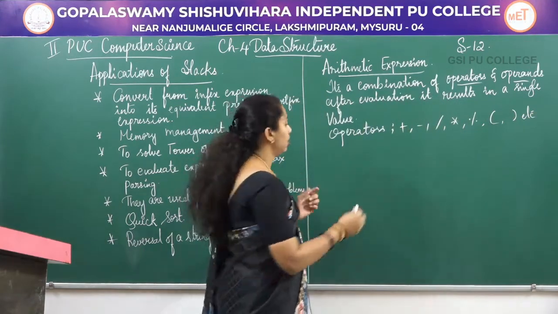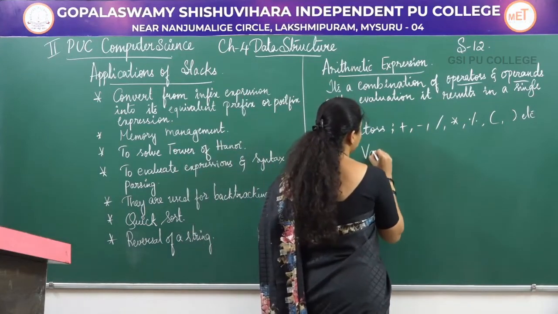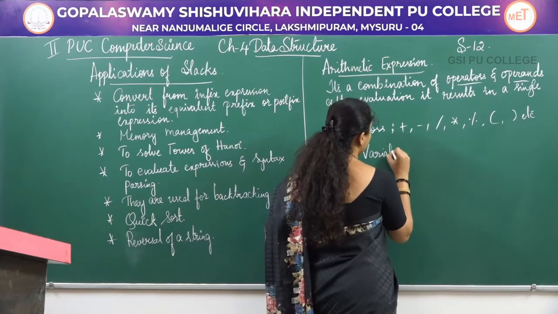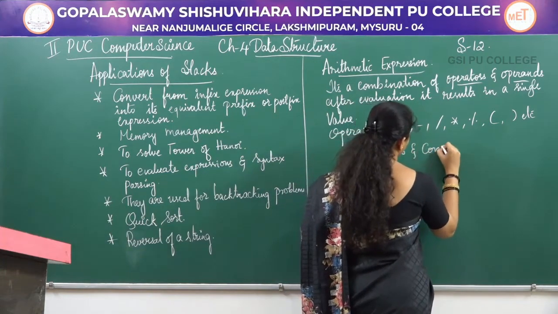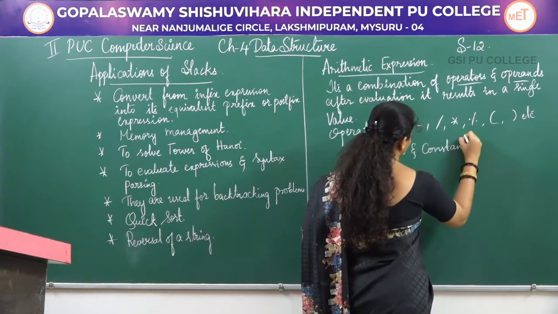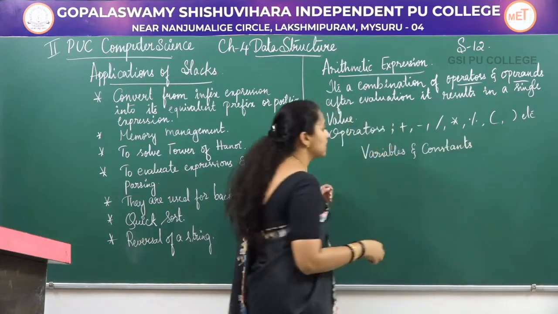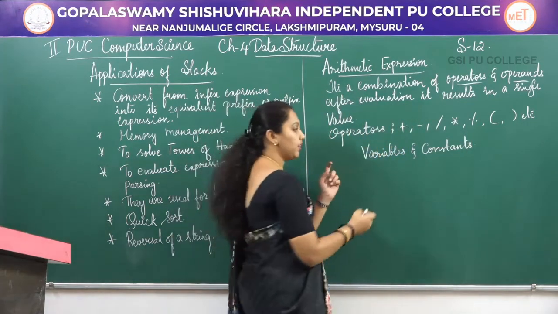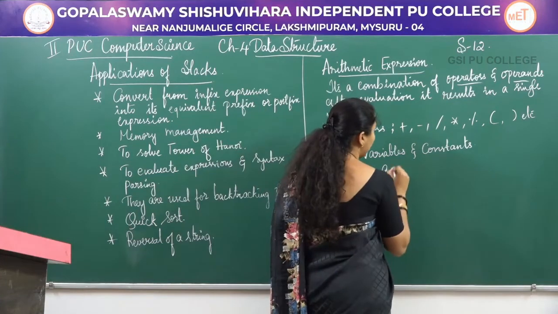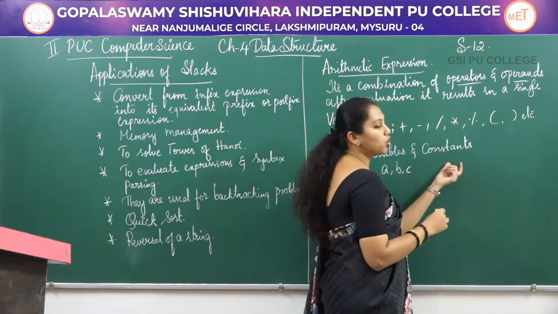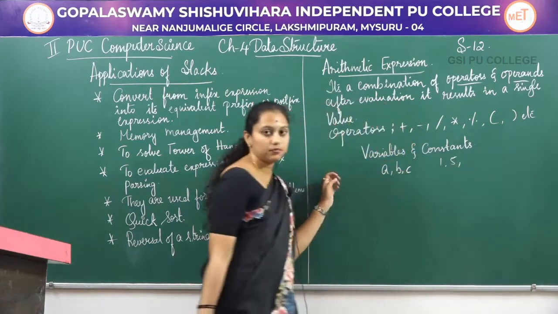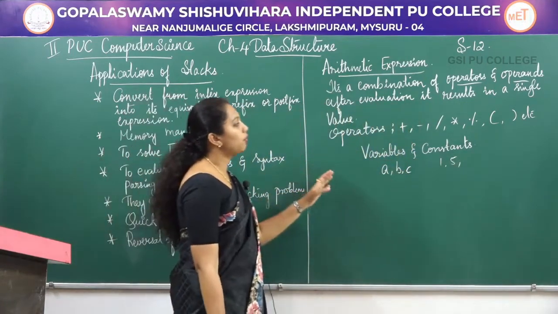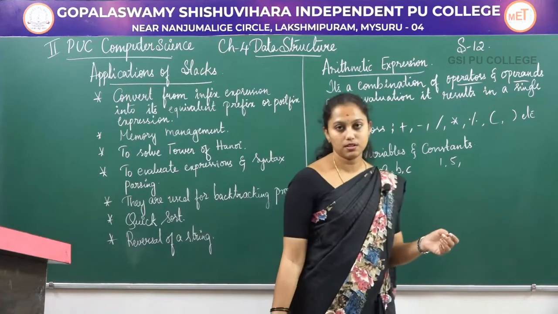Operands include variables as well as constants. Variables may be alphabets, and constants may be numbers. So this is about operators and operands.